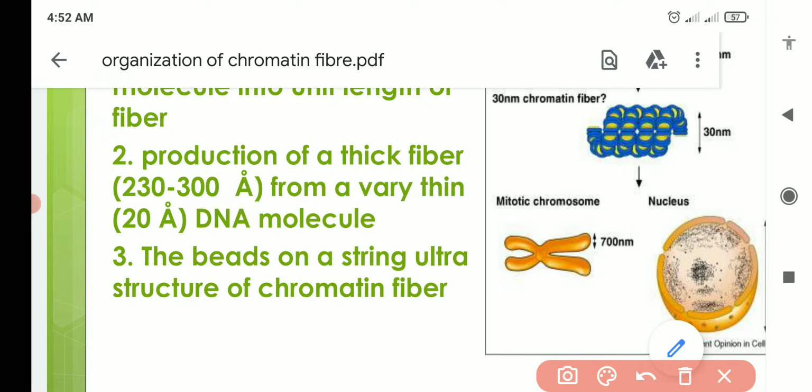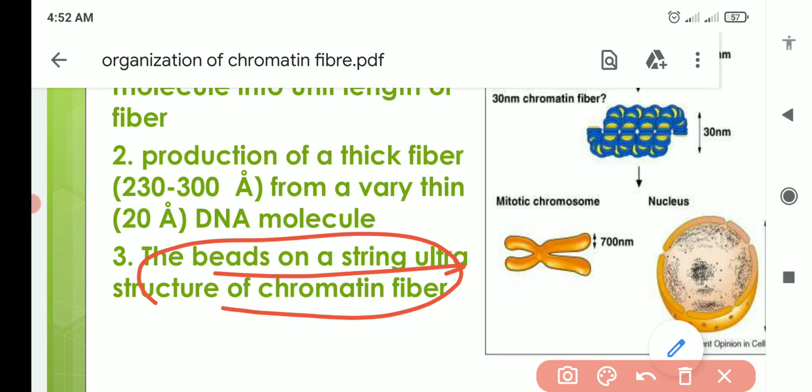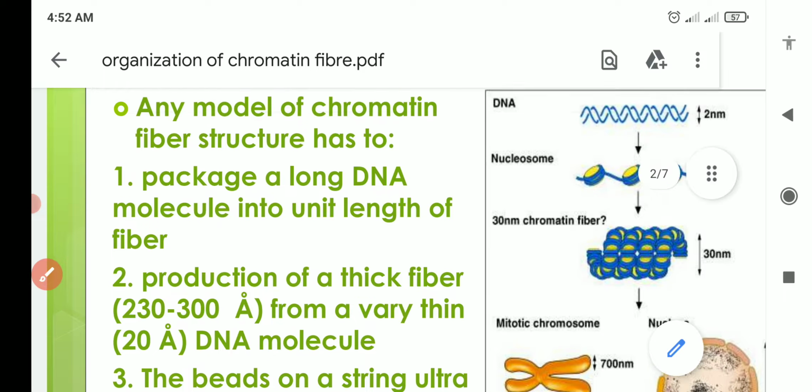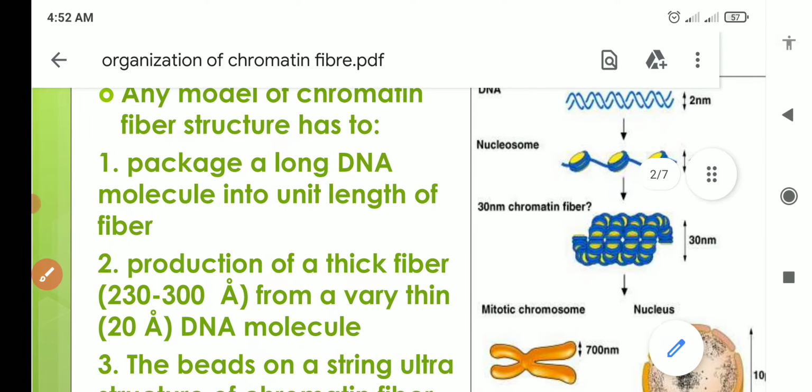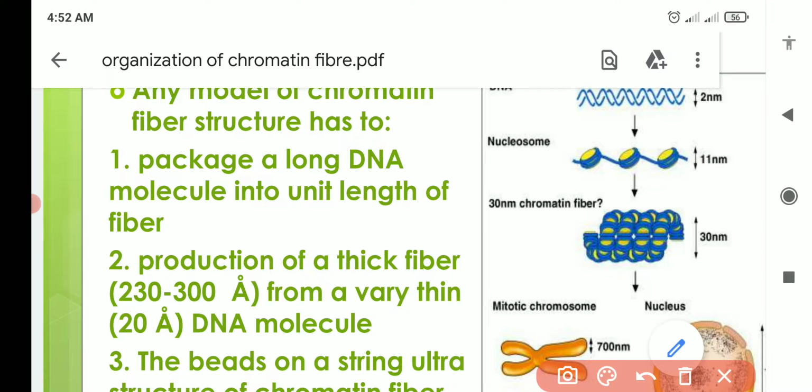And the third important point which should be described by any model of chromatin fiber formation is the beads on a string ultrastructure of chromatin fiber. How is this beads on a string type of structure formed? You can see in this image that it is a beads on a string type of structure. When the DNA molecule gets coiled around these histone proteins, it looks like beads on a string. Suppose this is a string and a bead is there like that.